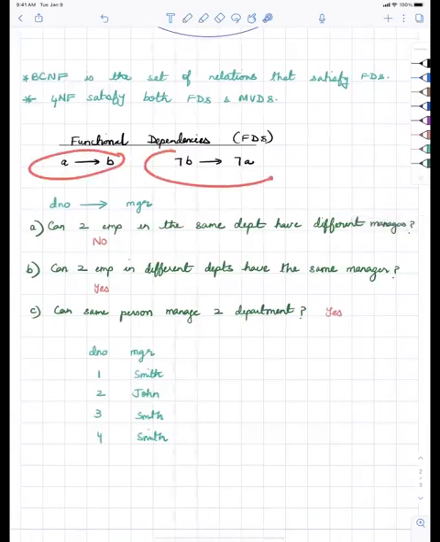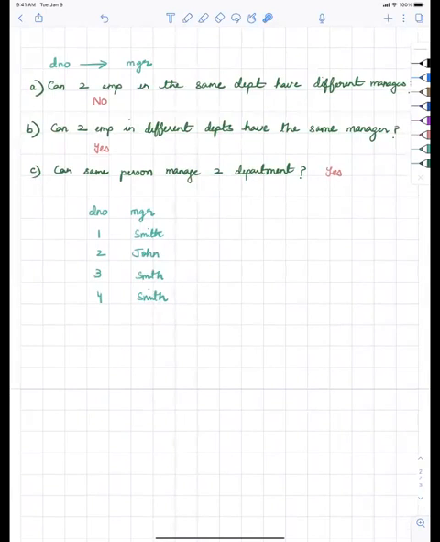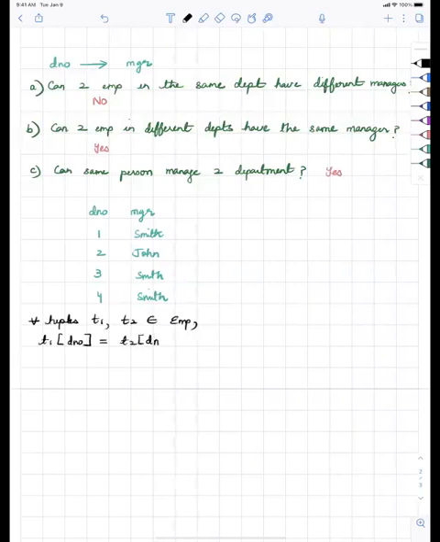But the two things that work are these two: A determines B is equal to saying not B determines not A. Or, in mathematical terms, since sometimes when you read books, for all tuples T1, T2, element of emp, T1 of DNO equal to T2 of DNO implies that T1 of manager is equal to T2 of manager.